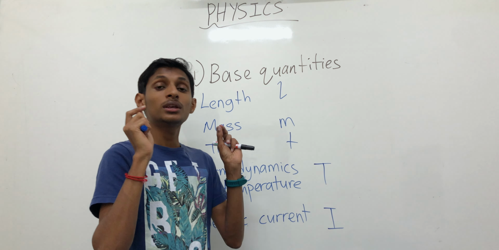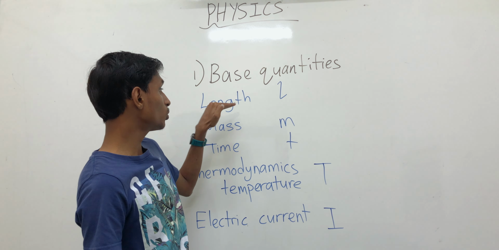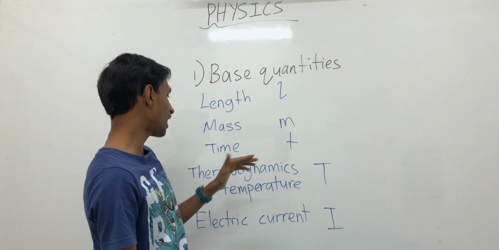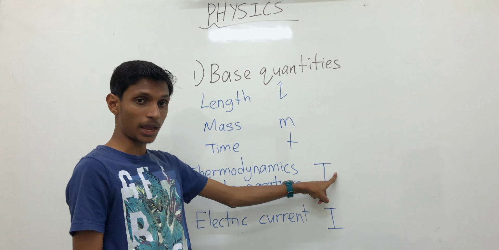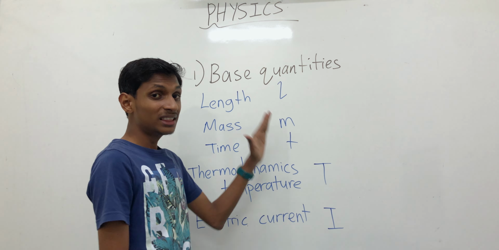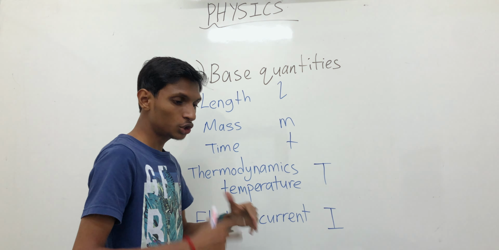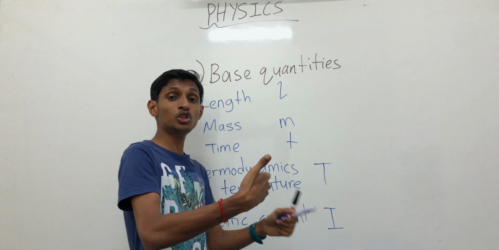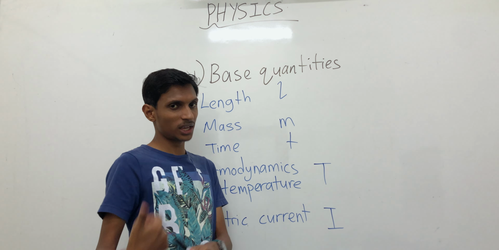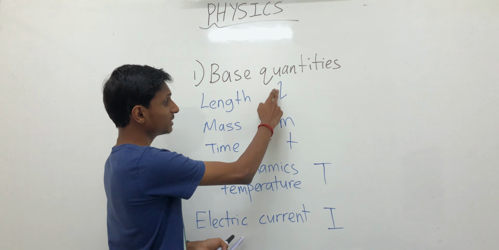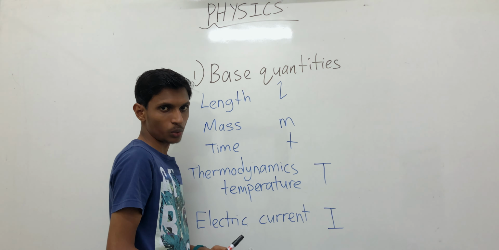These are the symbols used to showcase different types of quantities: length, mass, time, thermodynamic temperature with capital T, and electric current with I. For example, when you're using a formula, you need to know what you are putting in order to get the answer. Now we know these are the base quantities, and these are the symbols for those base quantities.